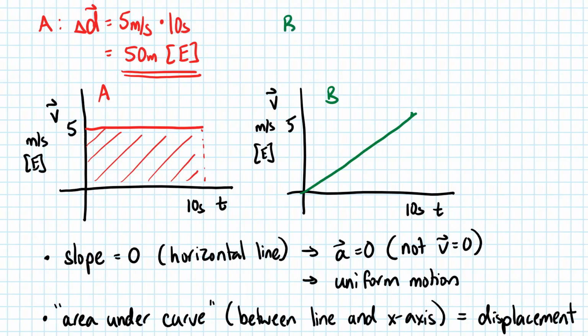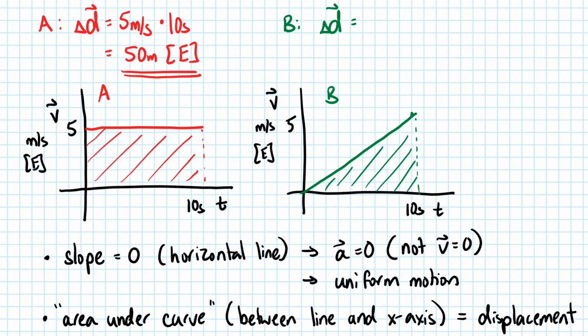For graph B, if you wanted to get information on the displacement, well, the displacement is the area under the curve, the area between your line and the x-axis, so all of this, and that's a triangle. What's the area of a triangle? The height of the triangle times the base of the triangle divided by 2.